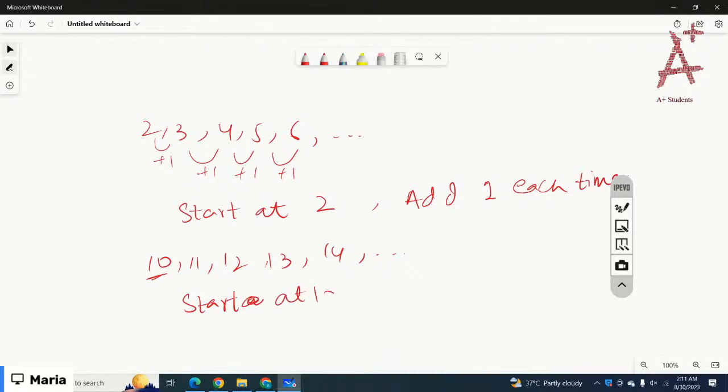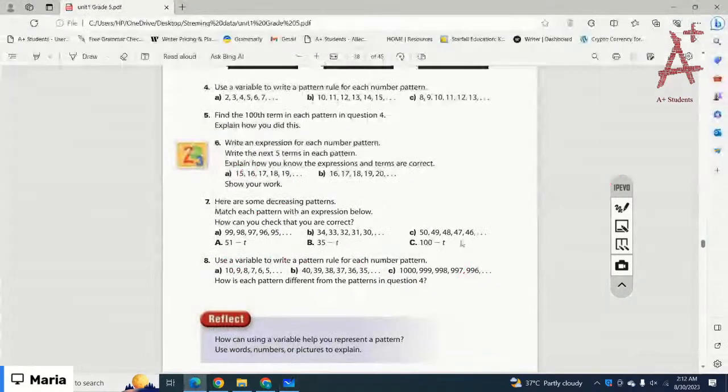You have to start at 10 and add 1 each time. So for each next number, you have to add 1 to the previous number, right? Okay, the next one is 8, 9, 10, 11, 12, 13. So you have to start at 8 and go forward by 1, right?